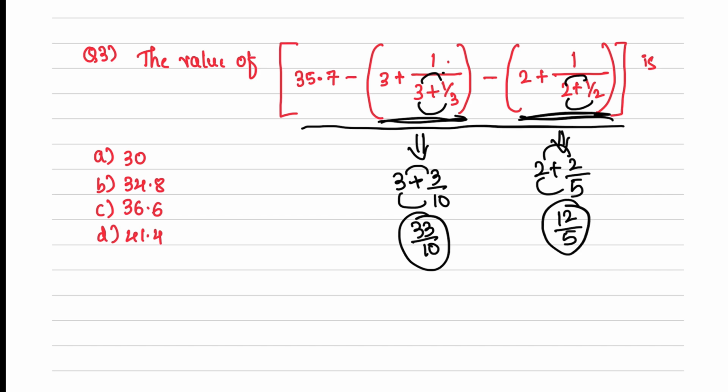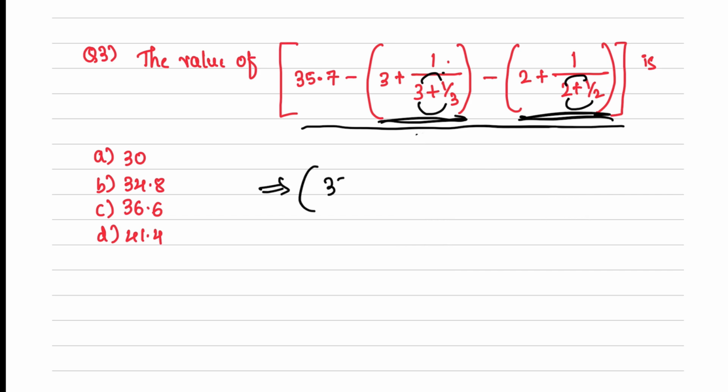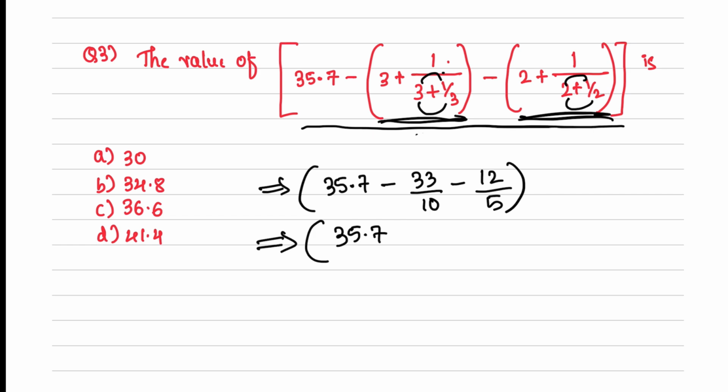And now you will get the equation as 35.7 minus 33 by 10 minus 12 by 5. So take minus common, it will be 33 by 10 plus 12 by 5, and when you take the LCM it will be 10.